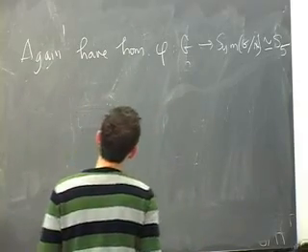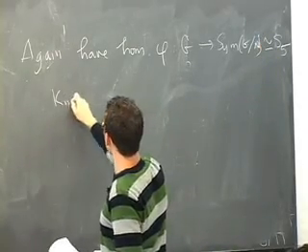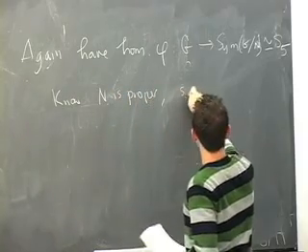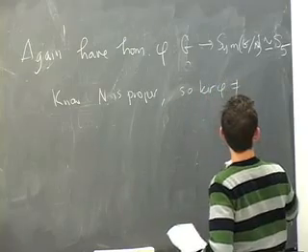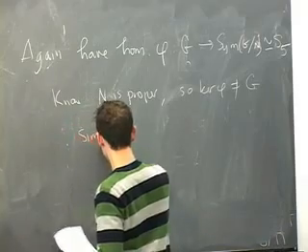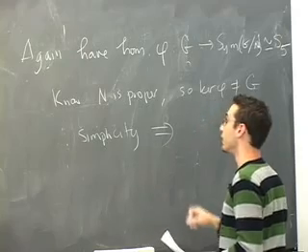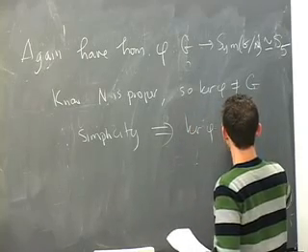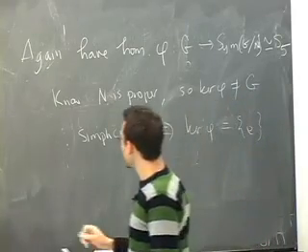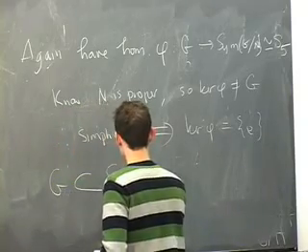Well, we know that N is proper, so the kernel is not all of G. Therefore, by simplicity, we know that the kernel is trivial. And so we think of G as being really a subgroup of the symmetry group here.